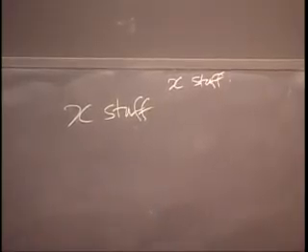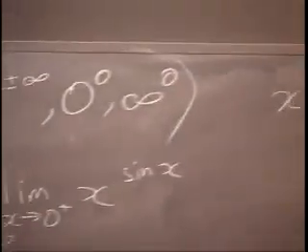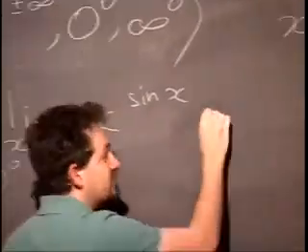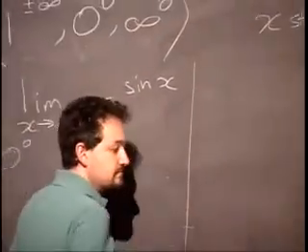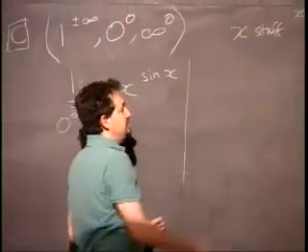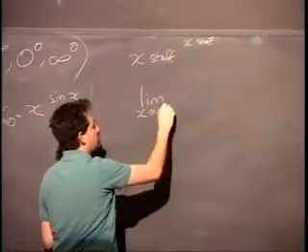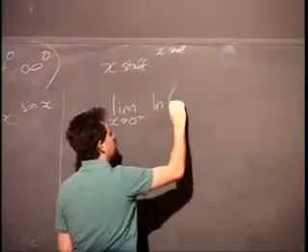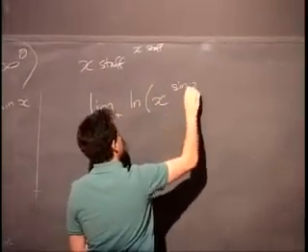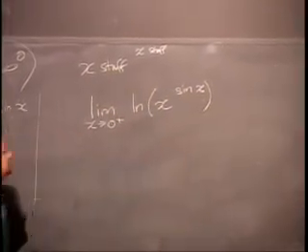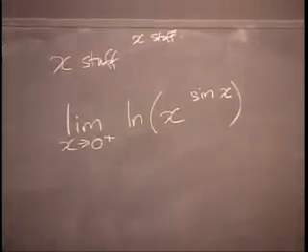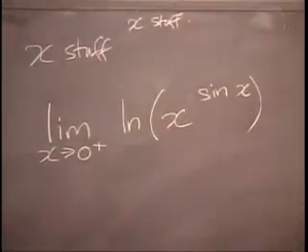What you do is stop, resist the temptation to write equals. Instead, write down a new limit, which is the logarithm of the old limit. Hopefully this quantity is positive, but then again, exponentials always positive.